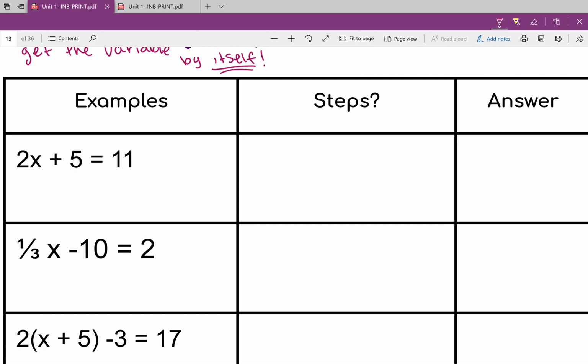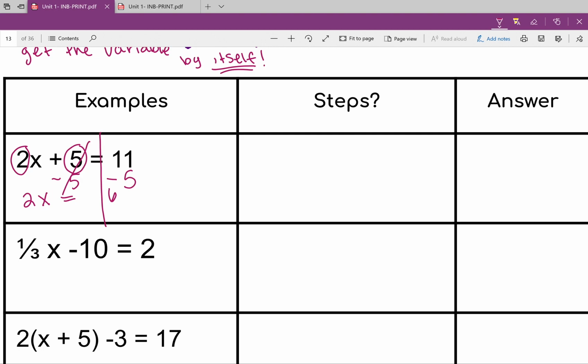So if you look at example 1, our first step is always to get rid of the number furthest from x. If I look at 2 or 5, which one is furthest away from x? The 5 is furthest away. So to get rid of a positive 5, I'm going to subtract 5 from both sides. This will cancel, and I'm left with 2x equals 6.